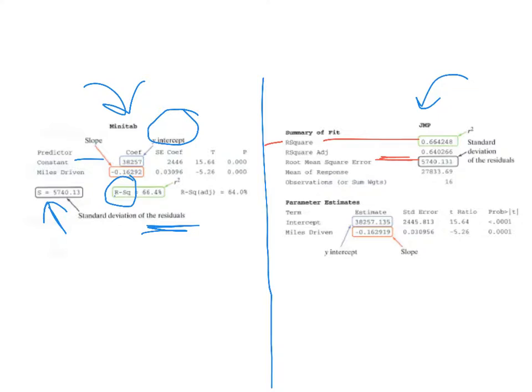But that's our standard deviation of the residuals. Then down at the bottom, here's my intercept, and below it is my slope. You'll see you've got standard error here. That's not the same as standard deviation. Take a look at this and memorize where these things are on these printouts of data.